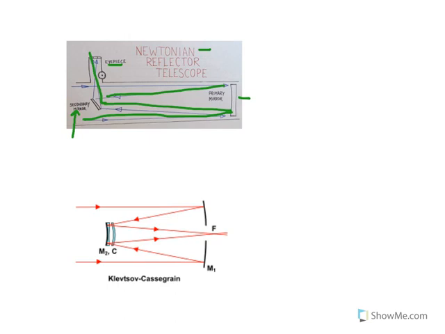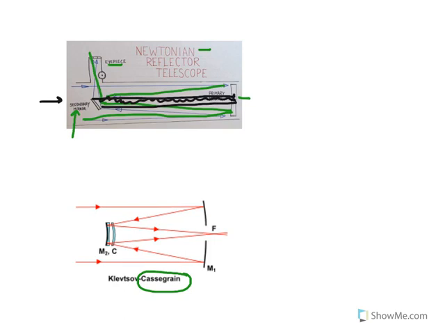Many years later, a man named Cassegrain came up with a different design. He looked at the Newtonian design, and because there is this secondary mirror here, when light comes in, behind your secondary mirror you are going to get a shadow.